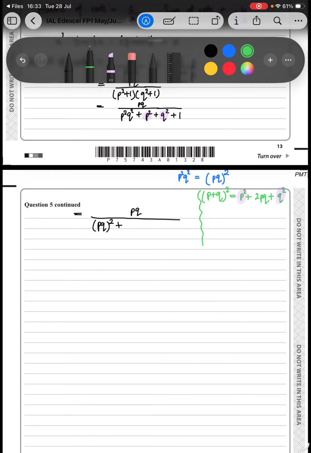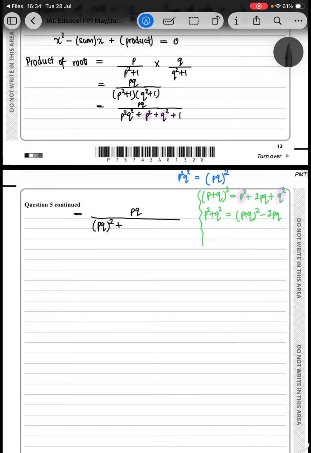So if we subtract from this P squared plus Q squared, we can see it gives us this P plus Q whole thing squared, and we subtract 2PQ from both sides. It's minus 2PQ. So instead of writing P squared plus Q squared, we can write P plus Q whole thing squared minus 2PQ. Now the reason we're writing this is because we already knew the values of P plus Q and PQ.